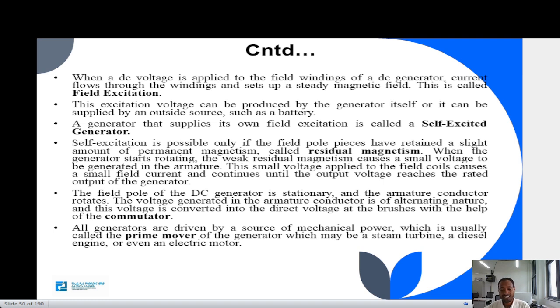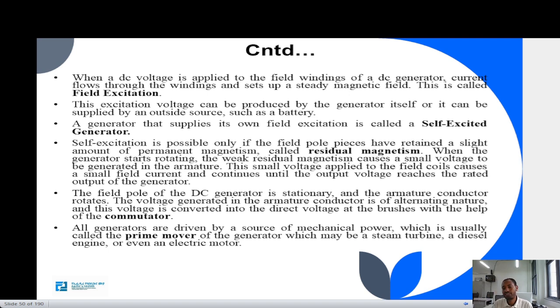In a generator, the mechanical force which is the input to the generator is supplied through the prime mover, and the prime mover can be a steam turbine, a diesel engine, or even an electric motor.